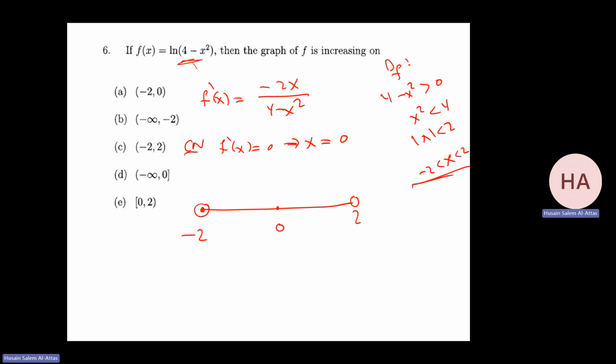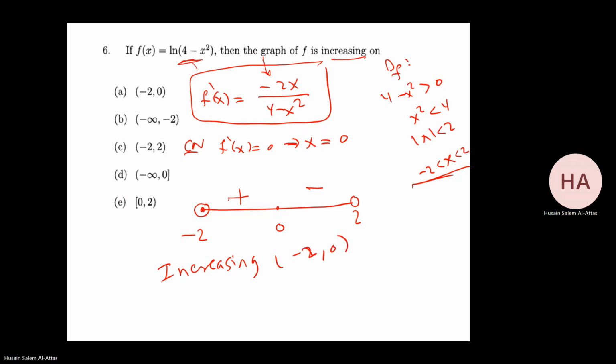Okay, take a value, minus 1. This is my function. Be careful, I have a minus sign. I take it as is. Minus 1, it will be minus times minus. 4 minus 1 squared, minus 1 squared, it will be positive. So I have positive. Now, more than 0, take 1. It will be negative over positive. That will be negative. What does he want? Increasing. Increasing, it will be from where to where? From minus 2 to 0.